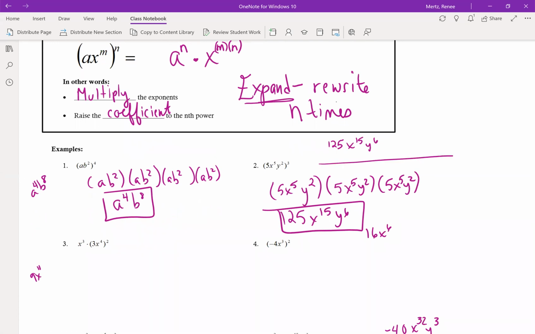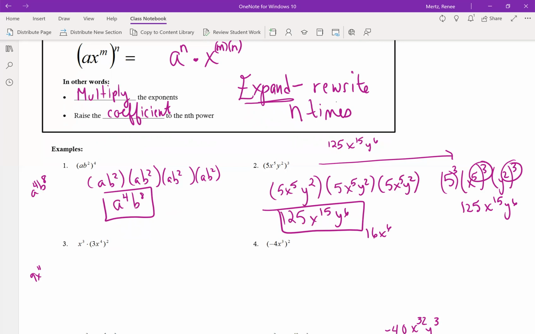So if we look at this one in the other form, we're doing 5 to the 3rd, x to the 5th cubed, y squared cubed. And then you multiply these powers and you make sure you type that into the calculator.